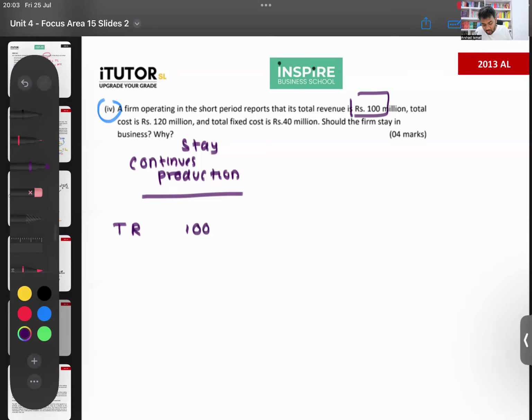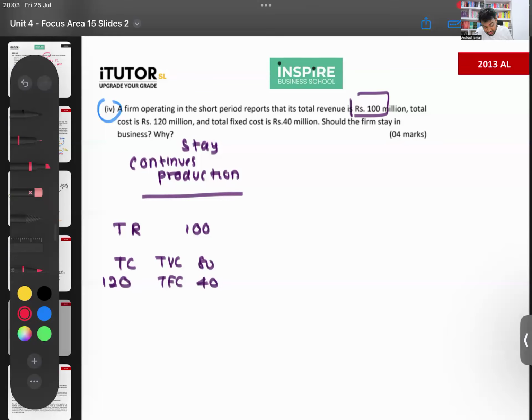How much is their total cost? Total cost is your variable cost plus your fixed cost. They're saying total cost is 120. They have said fixed cost is 40, so variable cost is 80. How much is the profit that you're making? Your revenue is 100, cost is 120.